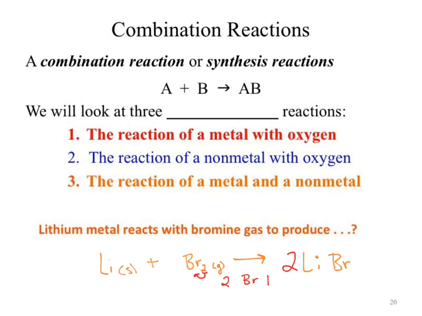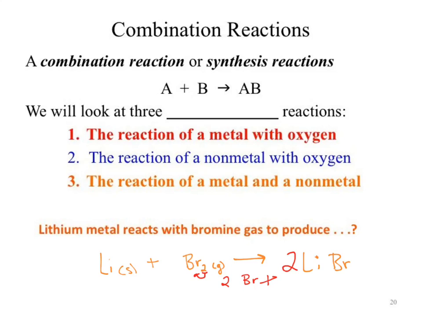We change the formula. The formula is not allowed to change. You spent the time to balance it and make sure it worked. Don't touch it again. So we'll put the 2 in front of our lithium bromide. That 2 now applies to everything after it, up to a plus sign. There isn't a plus sign, so it's just everything after it on our product side.